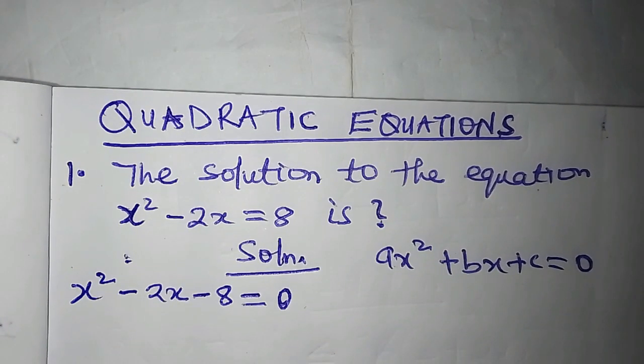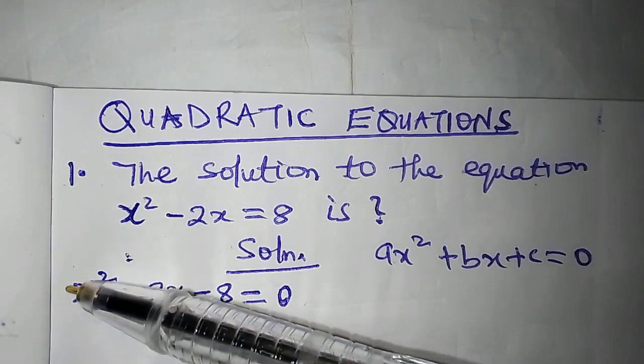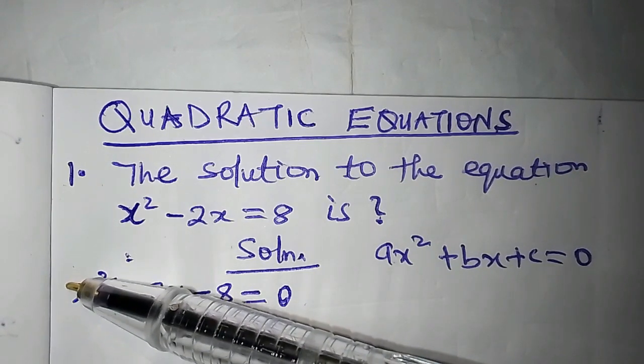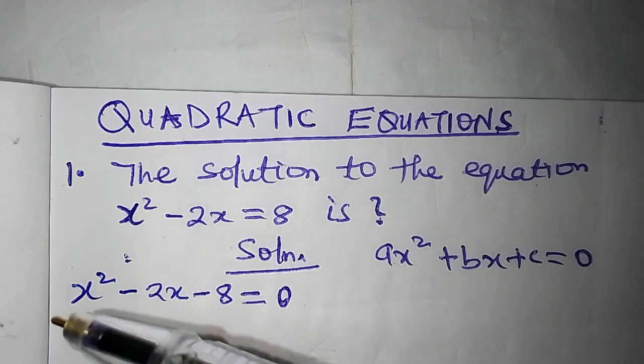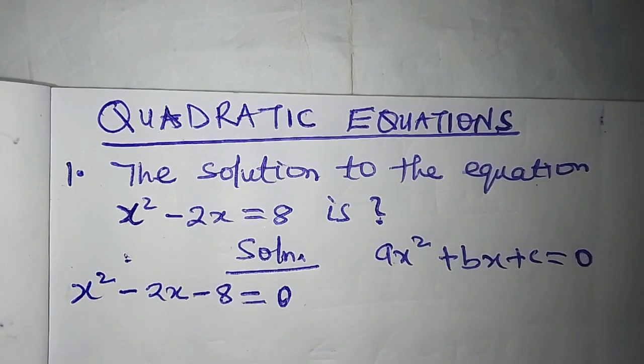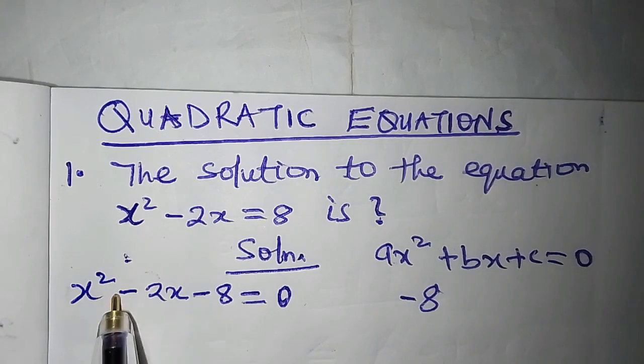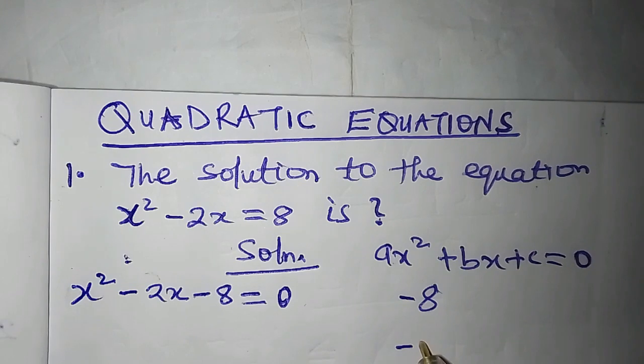Now the next thing is this. The coefficient of x squared here is 1, although it is not written, but it is 1. So if I multiply 1 by minus 8, it is minus 8. What is at the middle is minus 2.